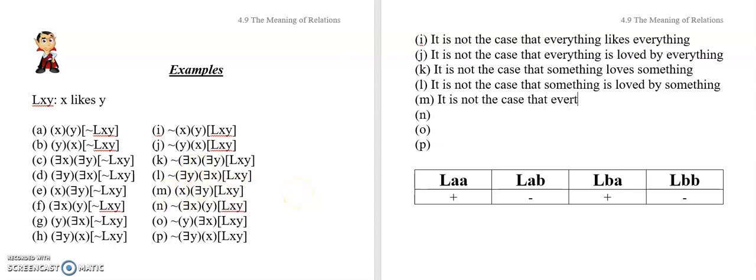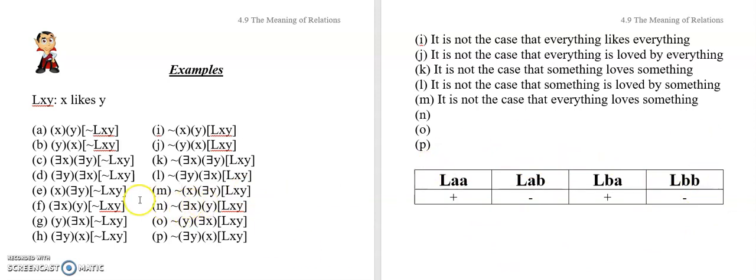Everything loves something, okay? So let's try this without the leading negation and evaluate the truth value on this particular domain. Everything loves at least one thing. Well, that's true for A. Does B love at least one thing? Yep, so everything loves at least one thing is true, and therefore when we put the leading negation on there, it's false on this domain. Okay, it's not the case that everything loves at least one thing.